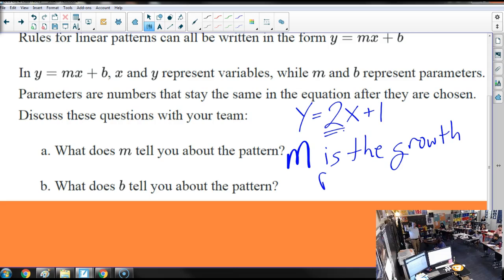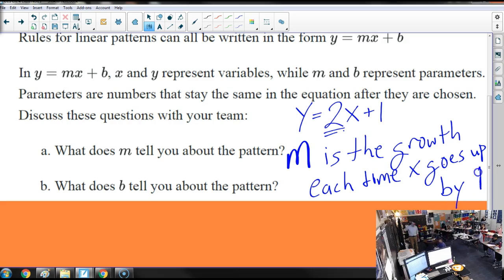M is the growth each time. Sorry, each time. I can't write today. When x goes up, or you could say increases, if you want to write the word increases. Yeah, but if you don't know what slope means.